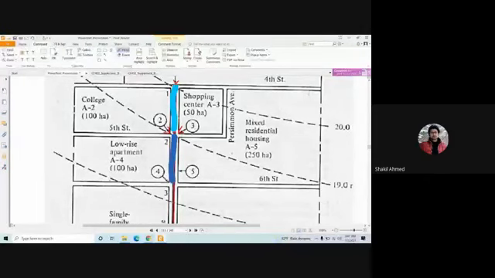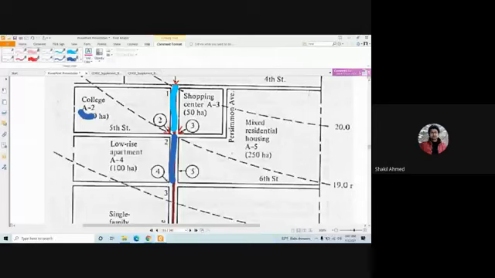So where are these A2 and A3 contributing? A2 and A3 are contributing in this pipe 2 to 3, right? Yes, sir.